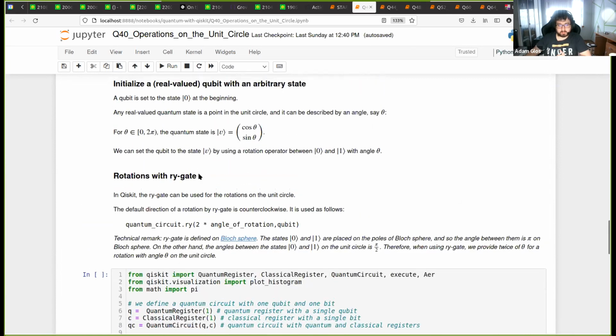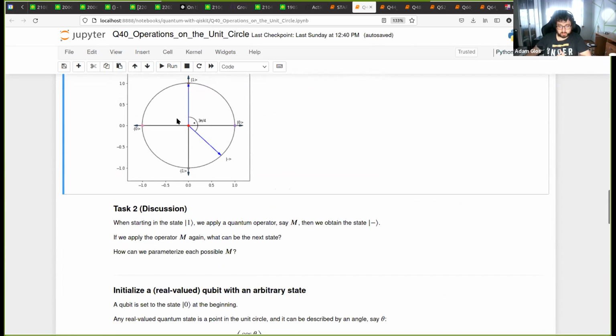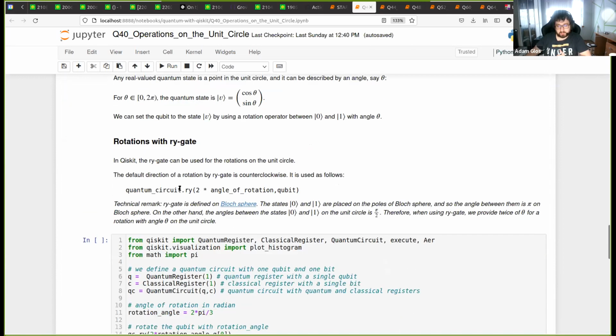Okay, and this rotation gate you saw before can actually be implemented through a quantum gate called RY rotation. R stands for rotation, Y stands for Y-axis. This is related to the Bloch sphere.